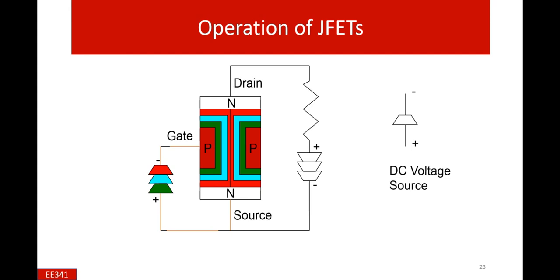But this pinch-off situation we can also view in a different way, as we discussed in the last slide: if we take the voltage between the gate and the source as zero, and change the voltage VDS, then we can also get the same pinch-off situation.